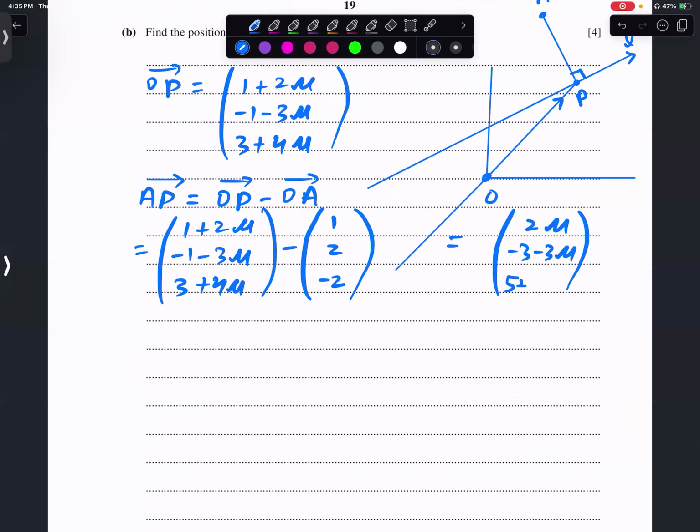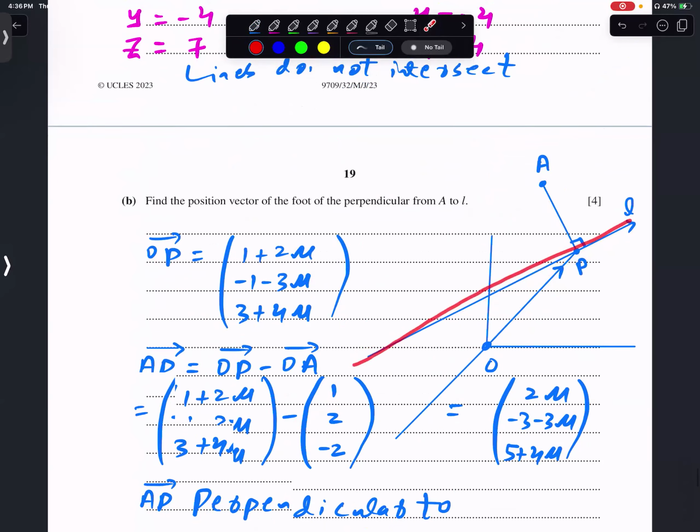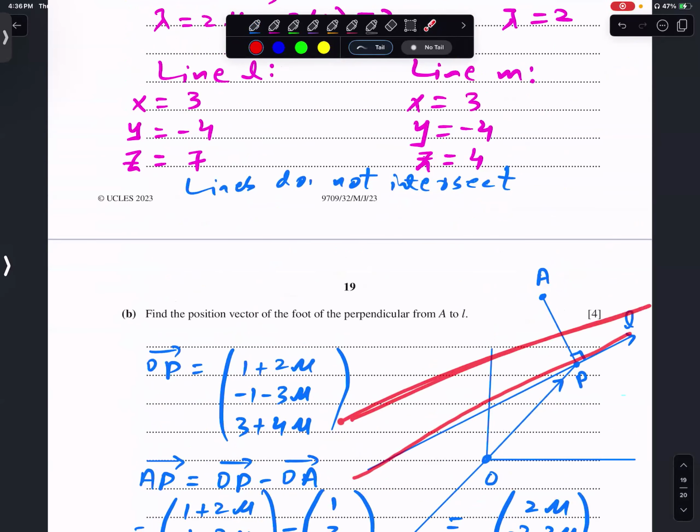Now you can see that AP is perpendicular to line L. You can see from this diagram that AP is perpendicular to this line L. What is the directional vector of line L?